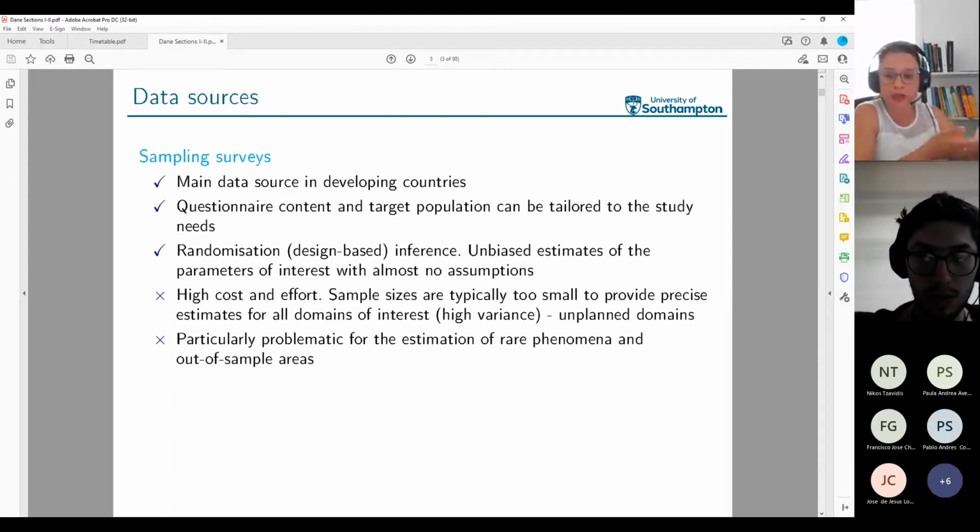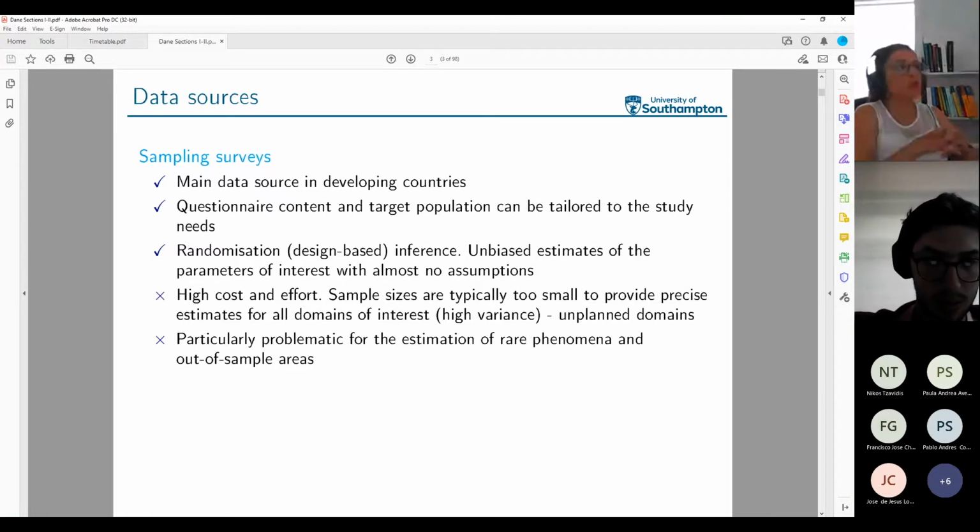How do you want to define poverty, or how do you want to define income? You can tailor the content of your questionnaire to measure income in the way you would like to define the phenomenon. That's one of the advantages of having sampling surveys, and one of the reasons why they are still so popular in the case of developing countries.